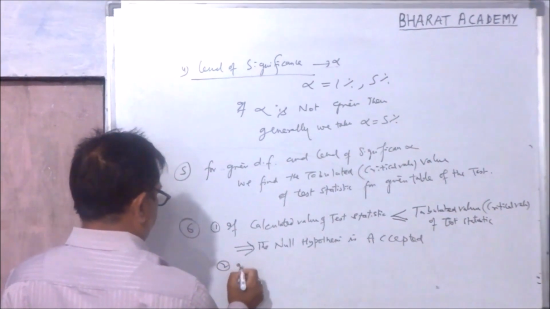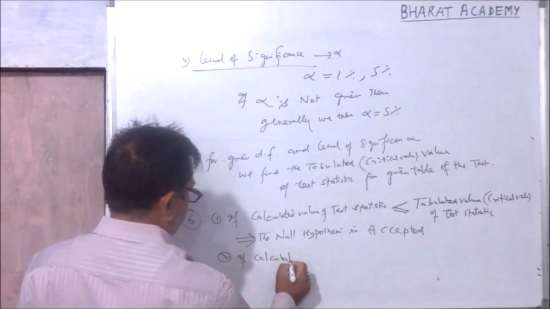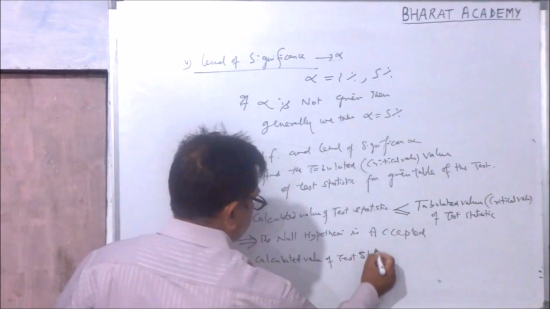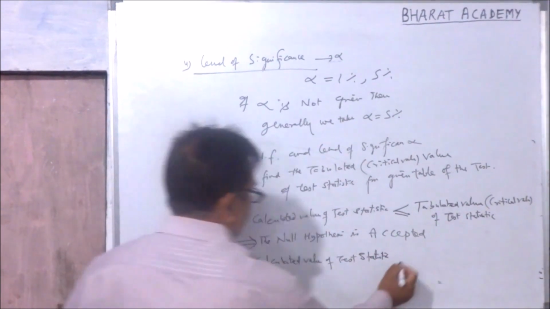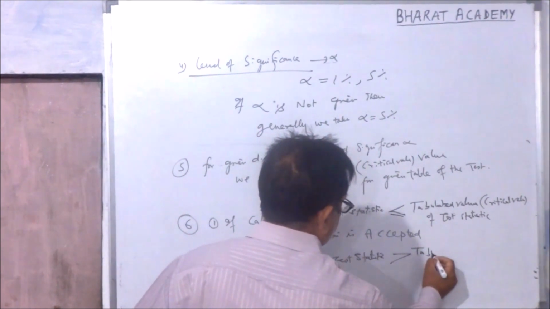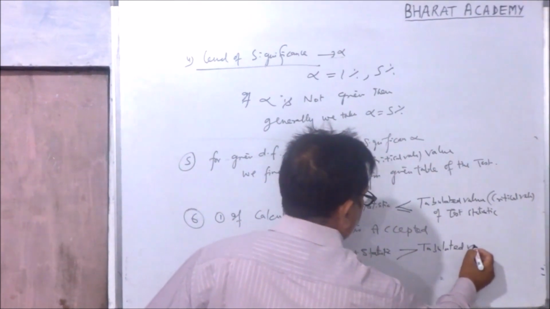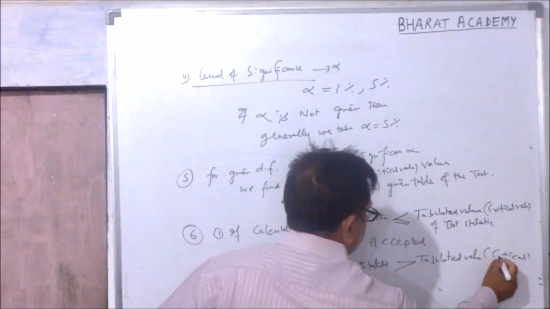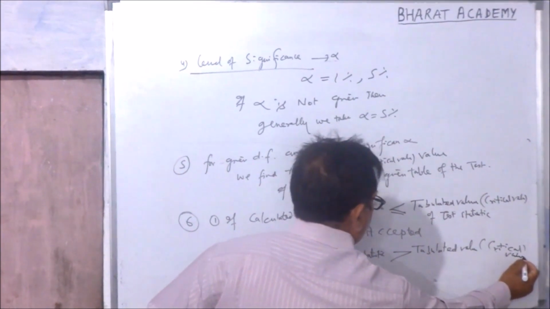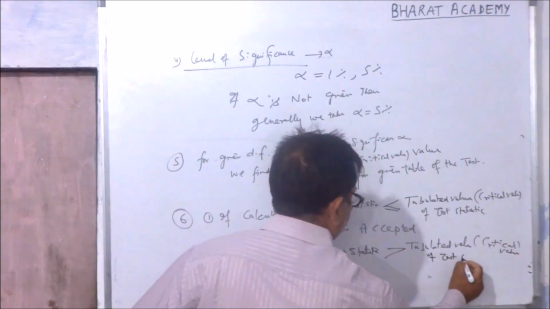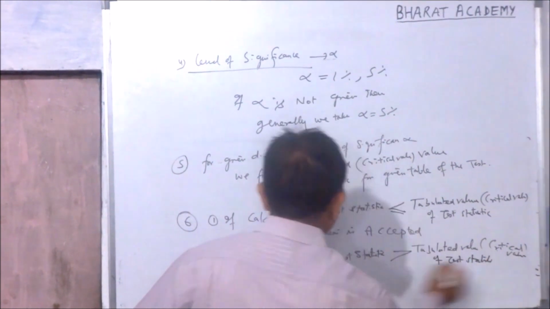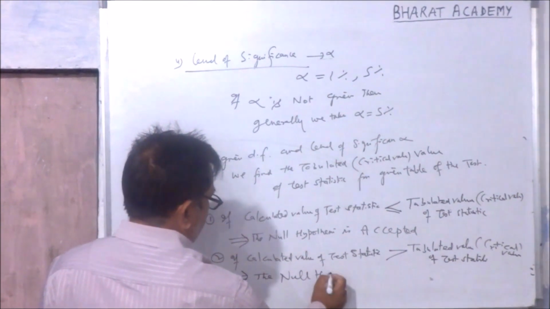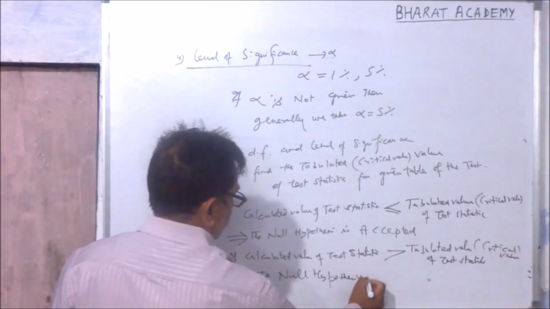But if the calculated value of test statistic is greater than the tabulated value or critical value of the test statistic, then the null hypothesis is rejected.